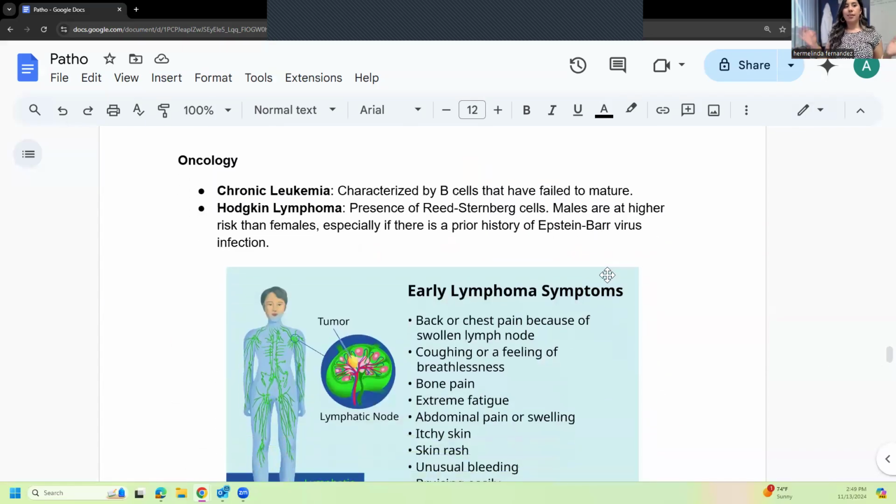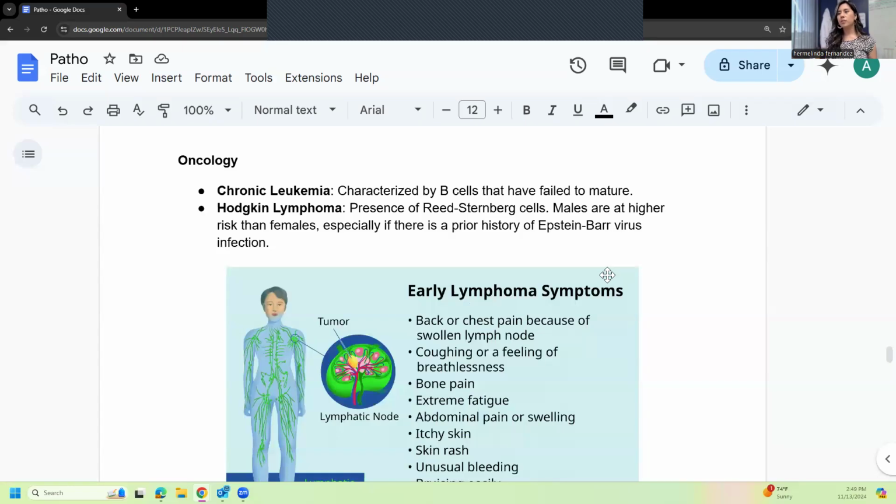All right. Moving on to oncology. Chronic leukemia is characterized by B cells that fail to mature. So you have a patient who comes in, you run their labs, you see the B cells aren't maturing, so that would be chronic leukemia.